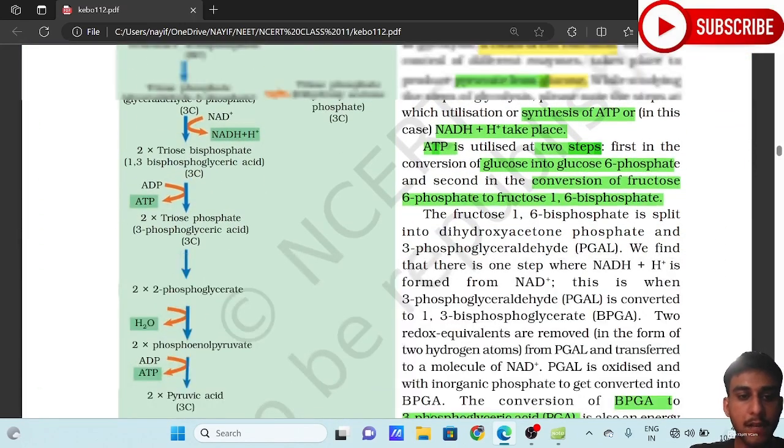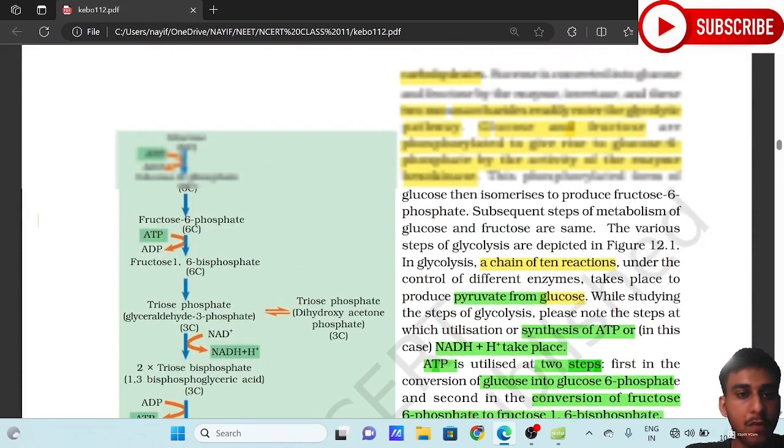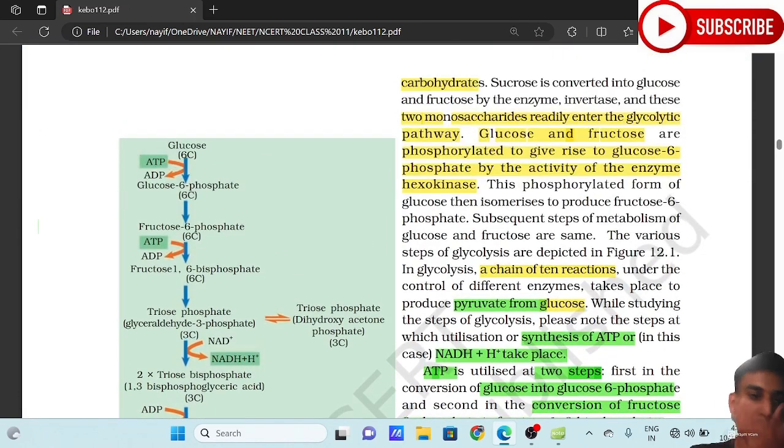Okay, this is glycolysis. I am saying once more, glycolysis is the breakdown of glucose to pyruvate. Then the pyruvate will be converted into acetyl coenzyme A. Then it will enter the TCA cycle.